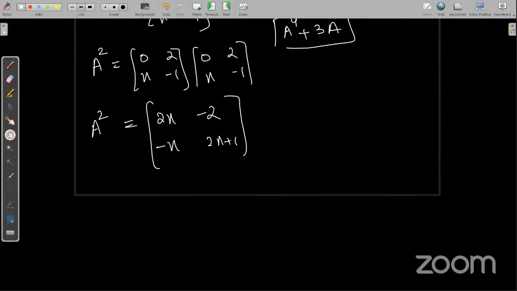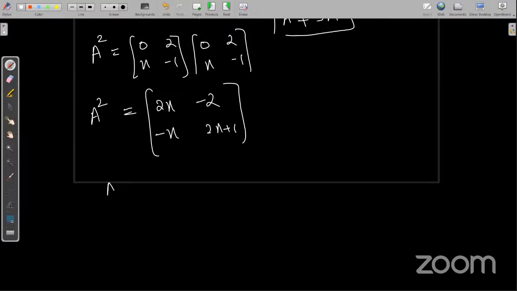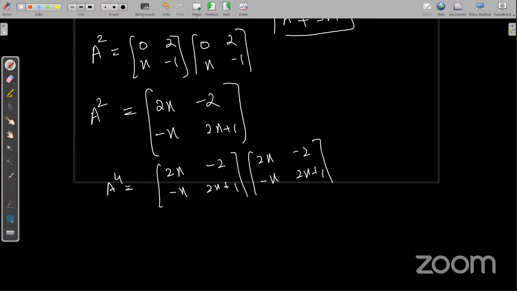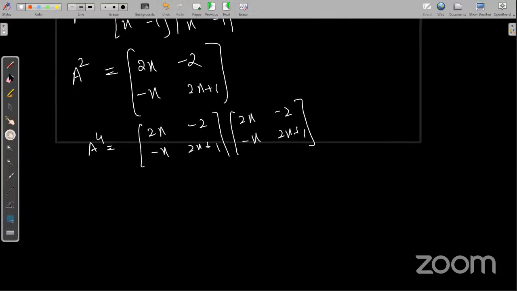Now we need A^4, right? So again I have to do the multiplication: [2x, -2; -x, 2x+1] into [2x, -2; -x, 2x+1]. So how much are we getting, tell me?